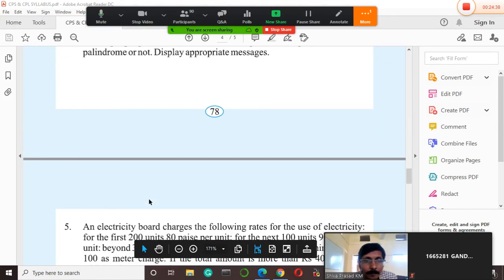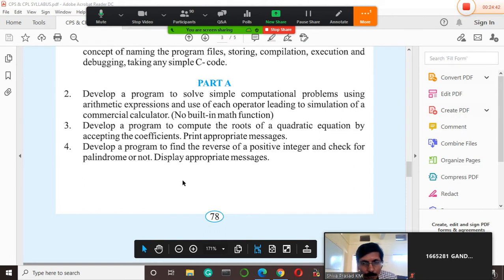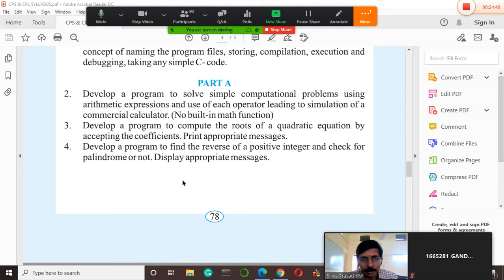What is the weightage for part A and what is the weightage for part B here? The weightage for part A is very less compared to part B, when it comes to the main examination point of view.